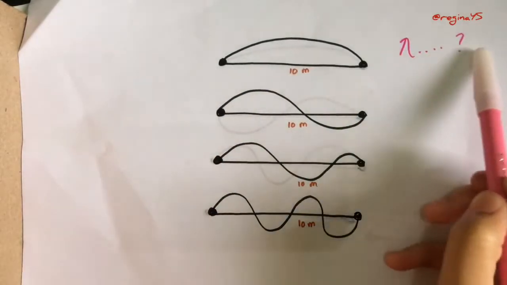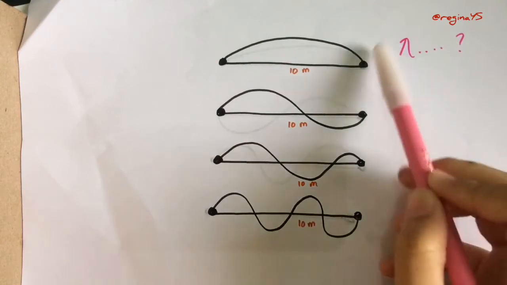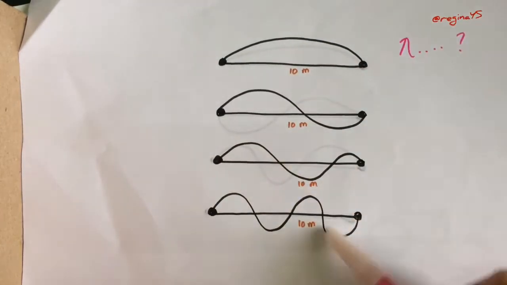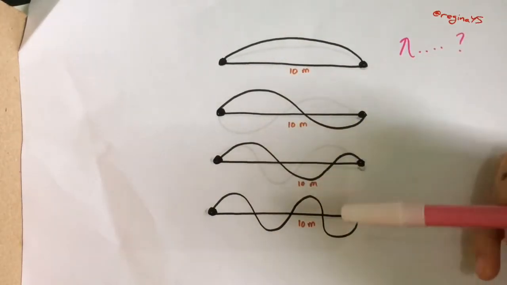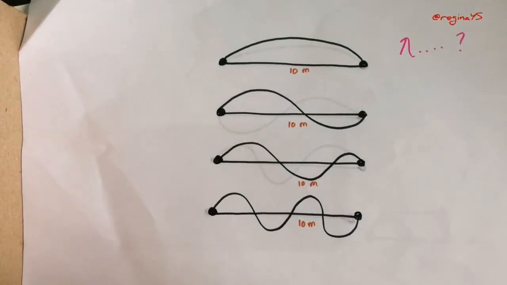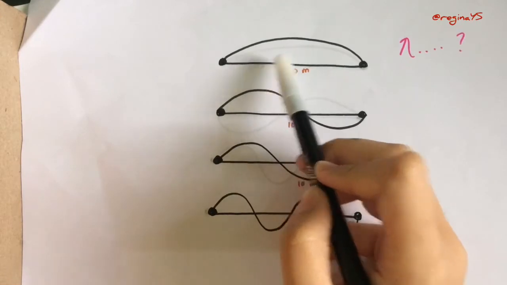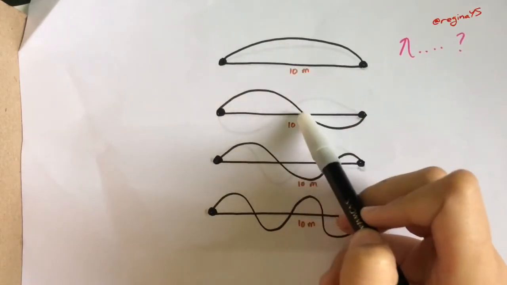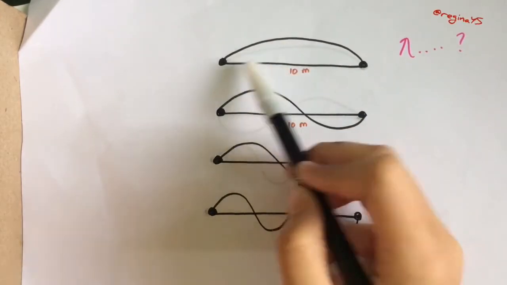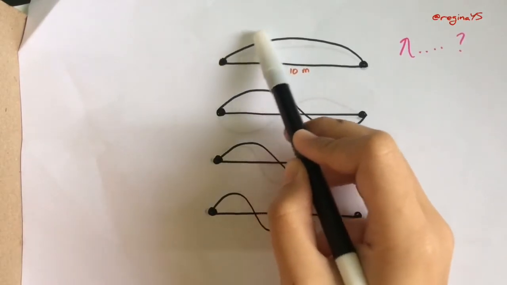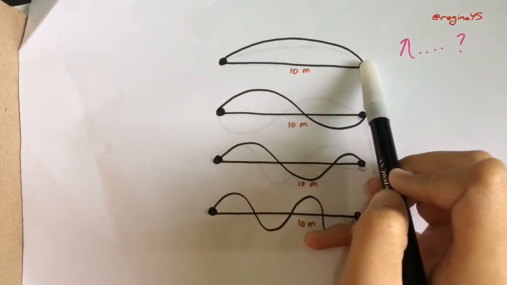So, what is actually the wavelength of all these 4 harmonic standing waves then? Okay, so if you can see here, the first harmonic, or the fundamental frequency, that doesn't have nodes in it, of the standing wave is only a half of a lambda.